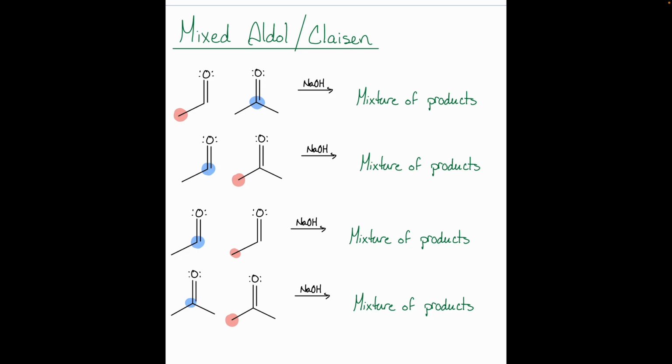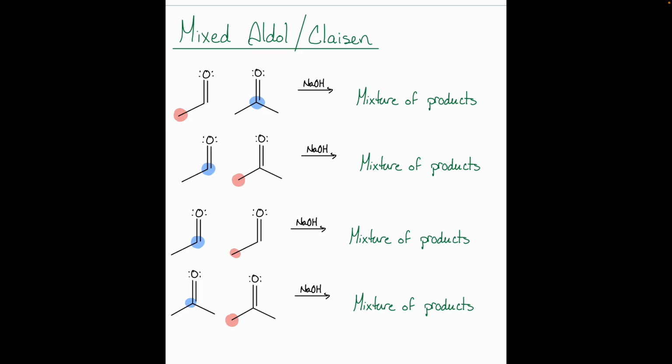So if I wanted to control this in a way where I wanted to make sure that one of these was my nucleophile and the other one was my electrophile, I couldn't just add them all in one shot in those basic conditions. I'm going to have to first convert my nucleophile into that nucleophilic form, into that enolate ion.